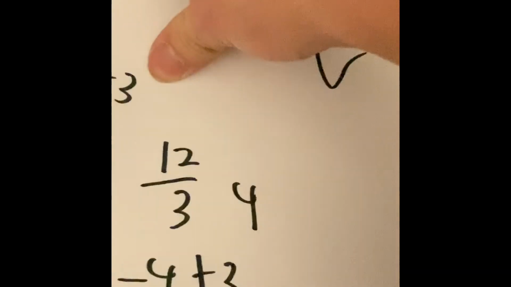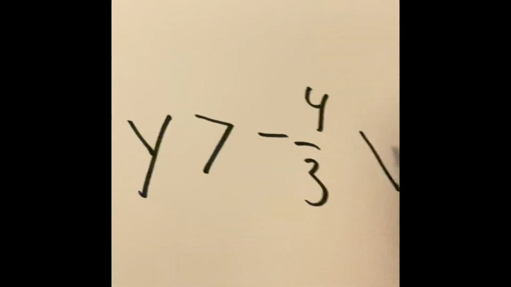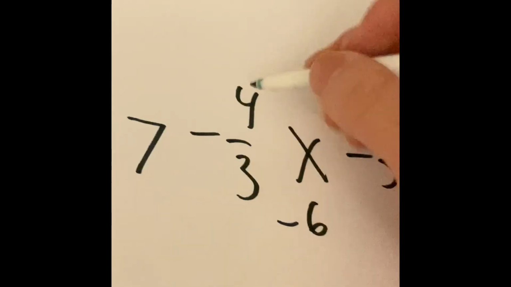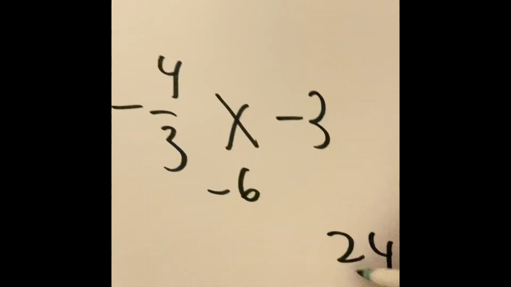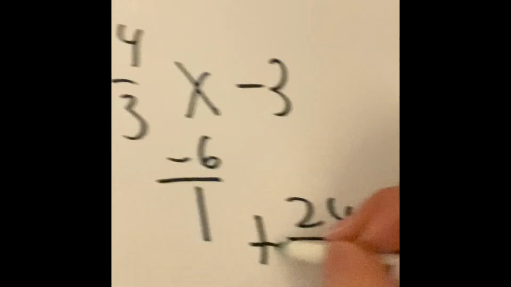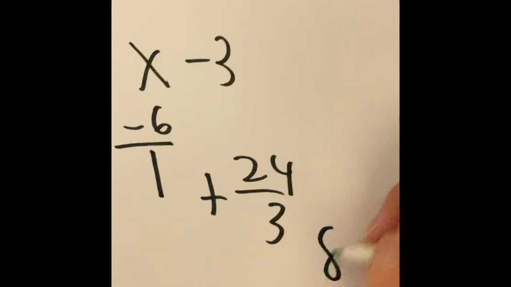But what about the next one? We have y is going to be greater than negative 4 over 3x minus 3. Put in negative 6 and 1. And when we do that, we're going to get 24 over 3, but it's going to be a positive, because a negative times a negative is a positive, which will become 8.